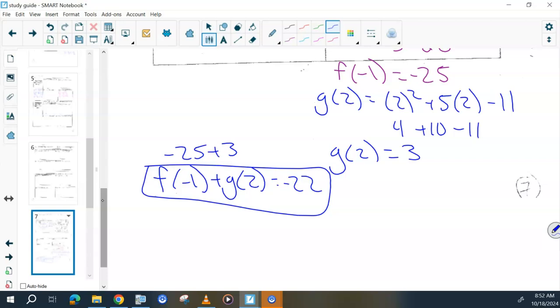Questions on that? Other questions on this page? Or questions on page 8?